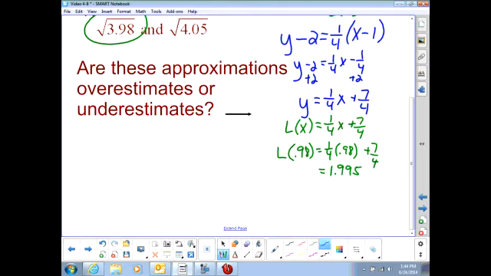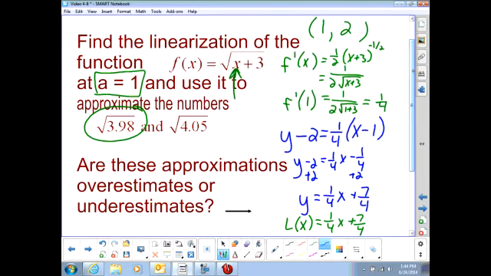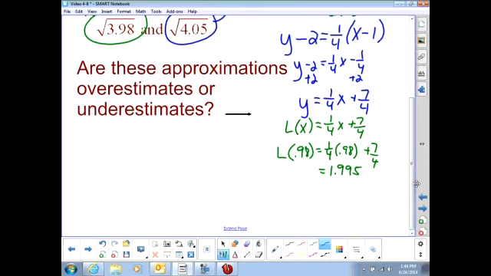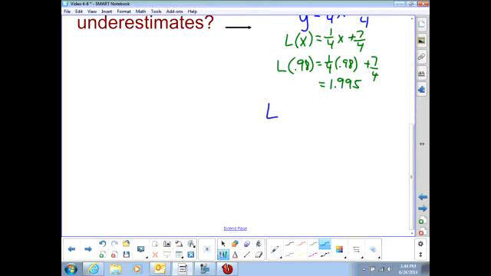Now the other one we wanted to do was the square root of 4.05. The x value that we would need to get 4.05 into the radical is 1.05. So we're going to do L of 1.05. Again, we'll just put 1.05 in for x, and this gives us an approximation of what the square root of 4.05 is equal to.